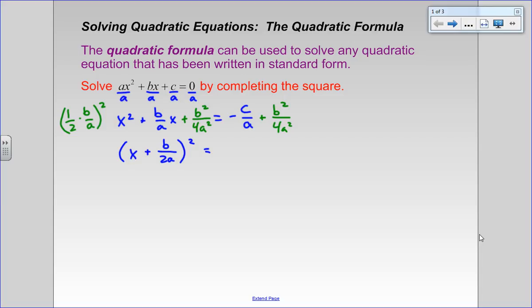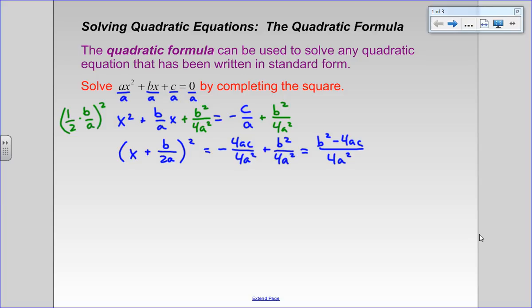Note that we would need to multiply the first fraction by 4a over 4a in order to obtain a denominator of 4a squared. Now this matches the denominator of our second fraction. So we can add the numerators. And the right-hand side of our equation is b squared minus 4ac all over 4a squared.